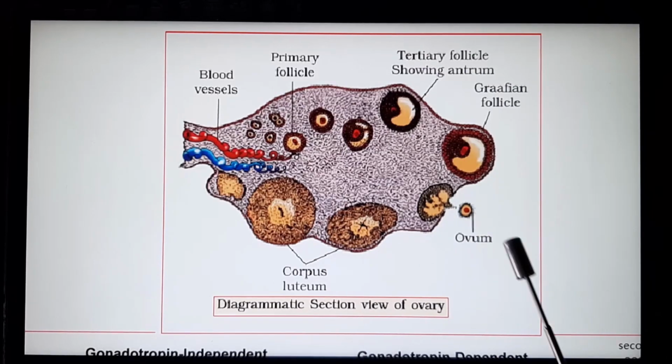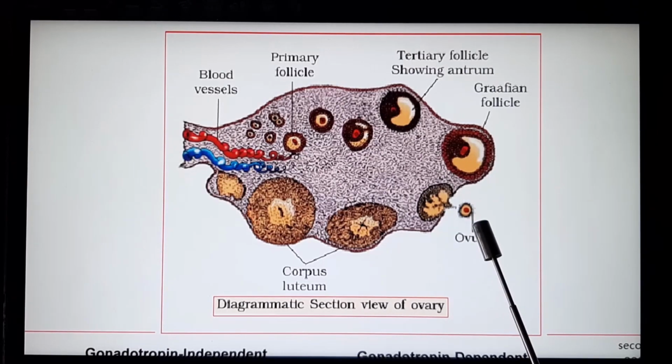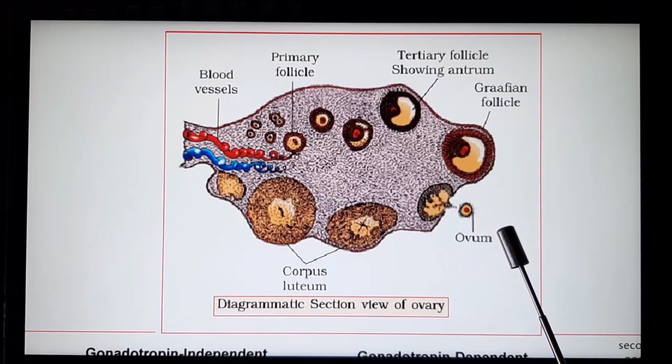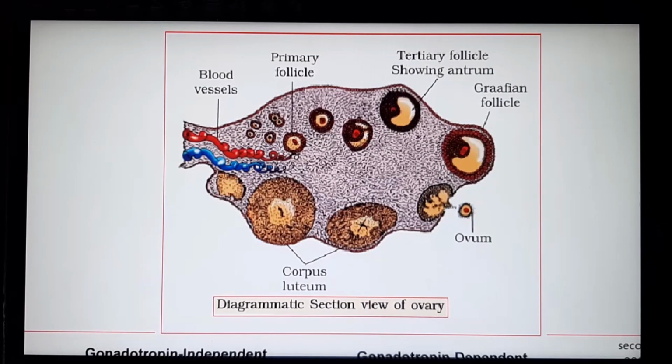So this released ovum enters into the fallopian tube and moves through the oviduct and finally implants into the uterine wall. Then what happens to the follicle cells?